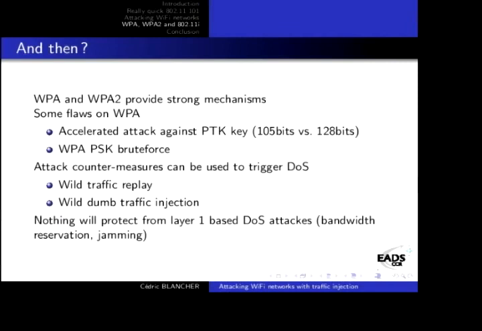So the AP tells the client, you have to reassociate again. So reassociate, re-authenticate, and then you will be given another key. So the attack is quite simple. You just inject crap over the network, and then all the clients will have to re-authenticate all the time. So that's very easy to do.